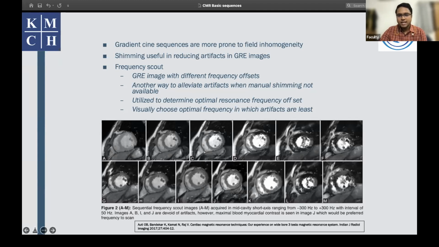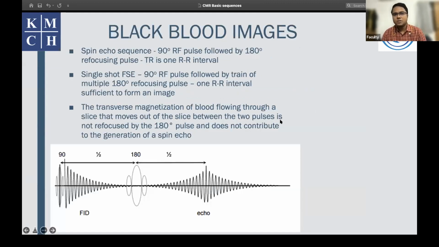So we select this particular frequency offset to image the subsequent gradient echo sequences. By this method, we can bring down the amount of inhomogeneity artifacts that are present in the gradient echo images.